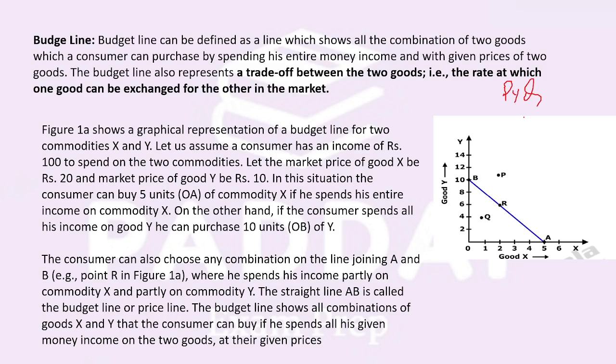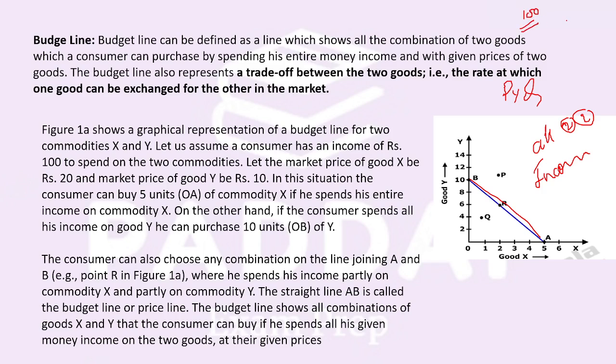Budget line. This is also a PYQ. What do you mean by budget line? A line which shows all combinations of two goods a consumer can purchase by spending the entire income at the given prices of the goods. So let's say I have 100 rupees.